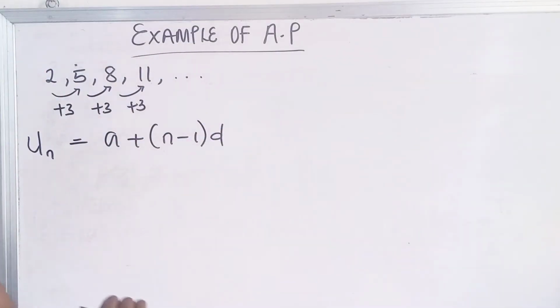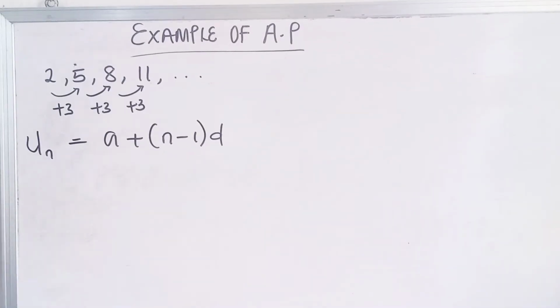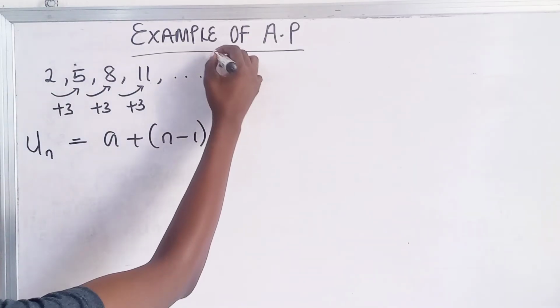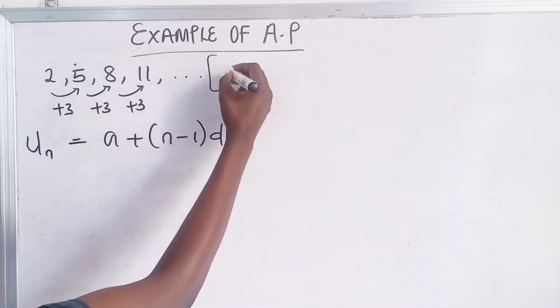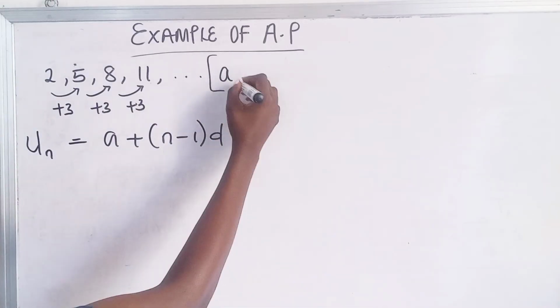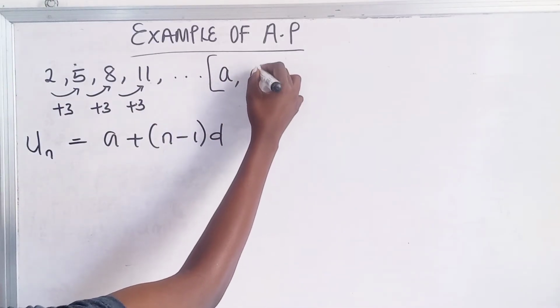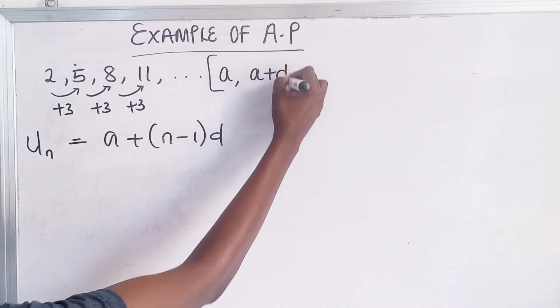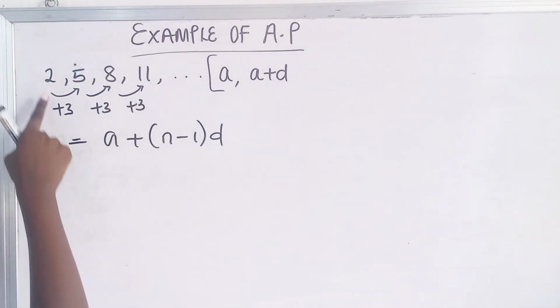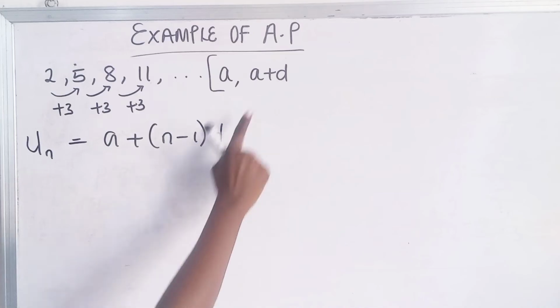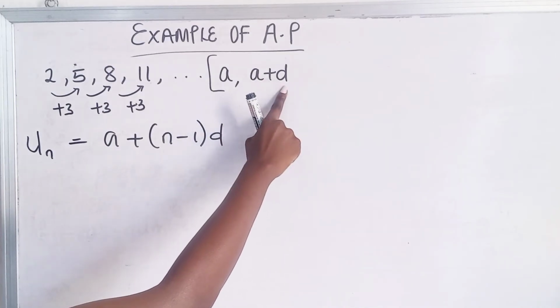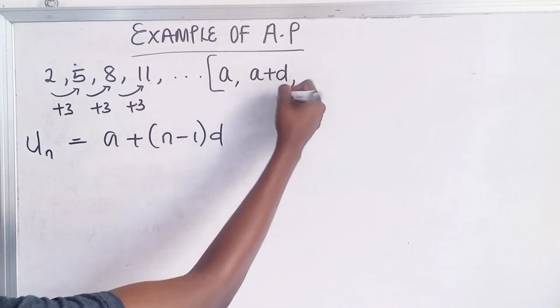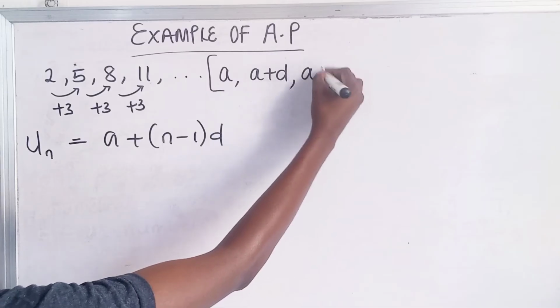Now, going back, how did they get this formula? What made them know that this was happening? Let's see. In a case like this, you have your first term. How did we get the second term? The first term plus the common difference. That's 2 plus 3 gave us 5. The first term is 2, the common difference is 3, gave us 5. So how do we know the next one? A plus 2D.